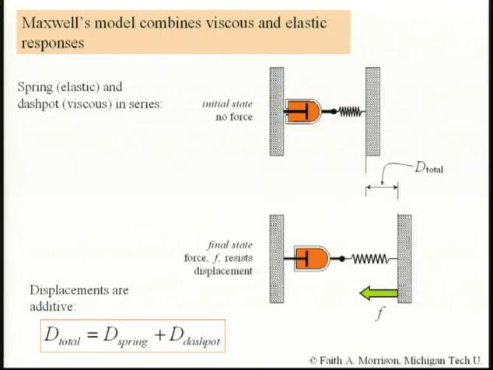So what's a dashpot? A dashpot is like a shock absorber. And so there's a paddle in here and then the orange Newtonian fluid. And when you pull these plates apart, you're going to stretch the spring, but the spring is going to try to retract. And the retracting spring is going to cause a relative displacement between this outer casing and this paddle.